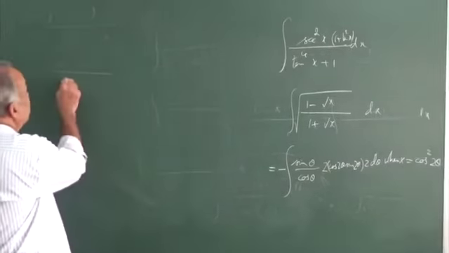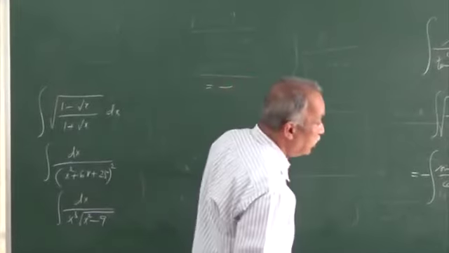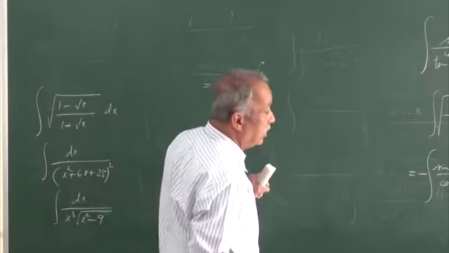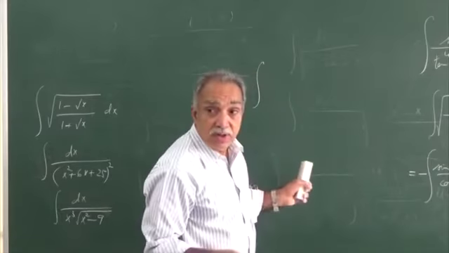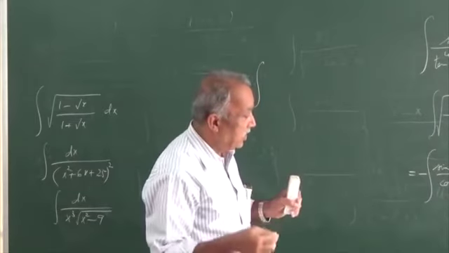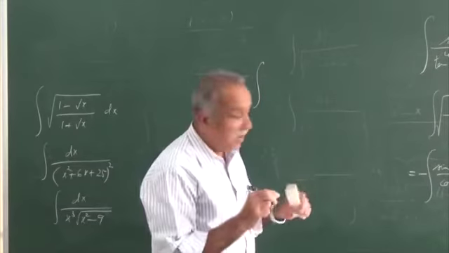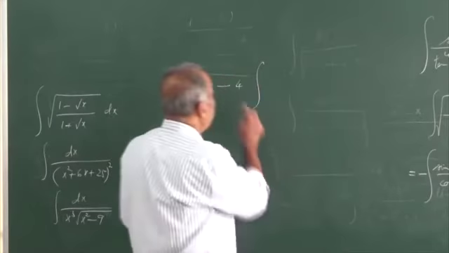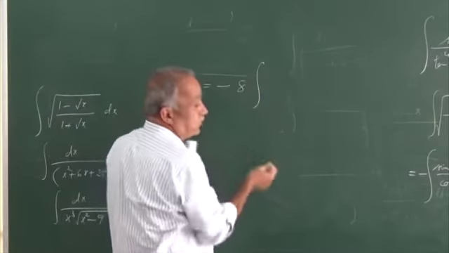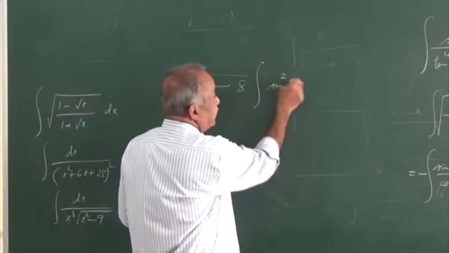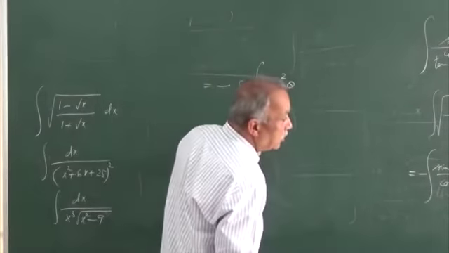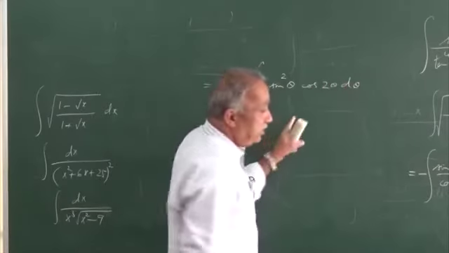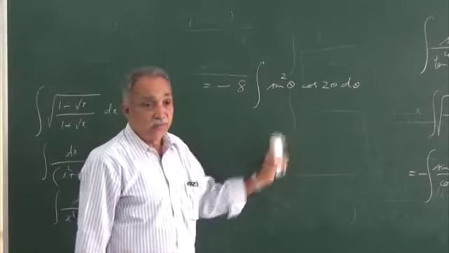Let me write down minus of 2 into 2 into 4 integral of... On cancelling cos theta and combining the remaining sin thetas, one more 2 then, 8 sin square theta into cos 2 theta into d theta. Am I right? Yes. Okay.